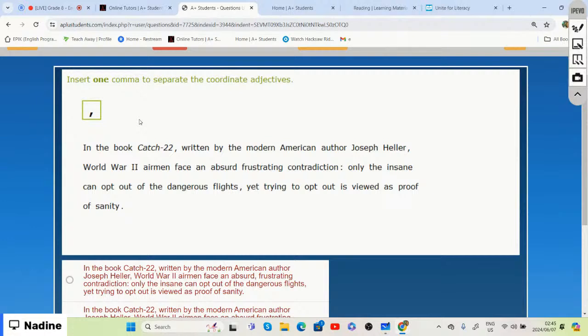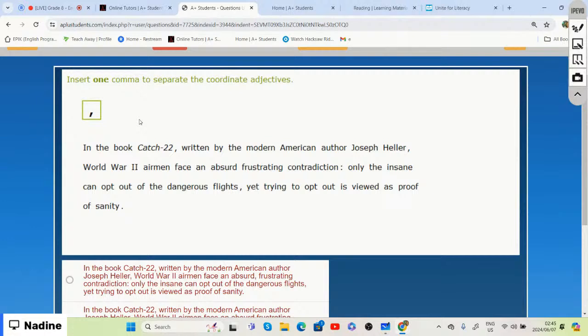Right, so let's do the last one. It says in the book Catch-22, written by modern American author Joseph Heller, World War II airmen faced an absurd, frustrating contradiction.